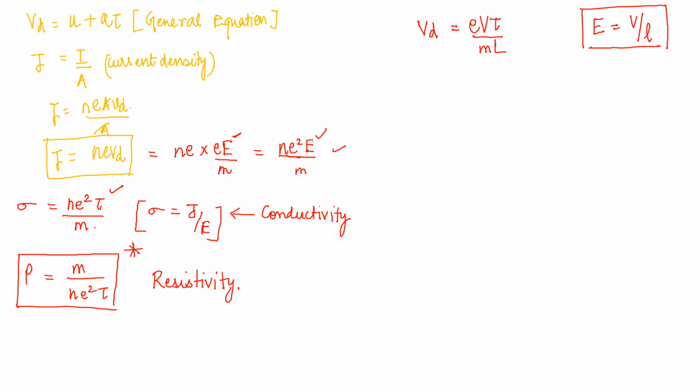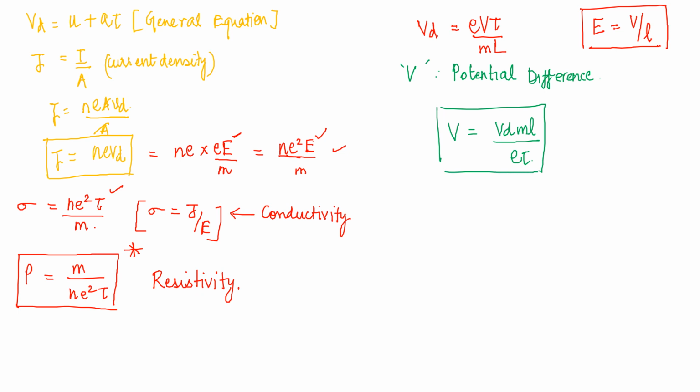From this equation we can find V, the potential difference. It will be V equals to Vd mL upon e tau. That is our potential difference across the conductor of length capital L.